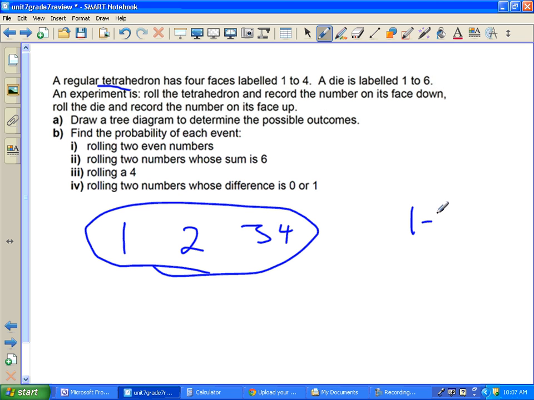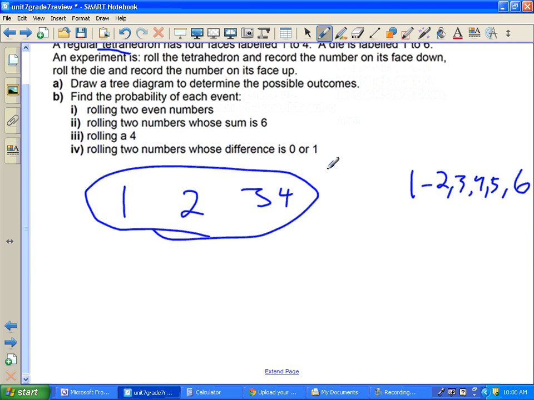So it has 1, 2, 3, 4, 5, and 6. It says, an experiment is rolling the tetrahedron and record the number on its face down. Roll the die and record the number on its face up. So we're going to draw a tree diagram to list the possible outcomes.